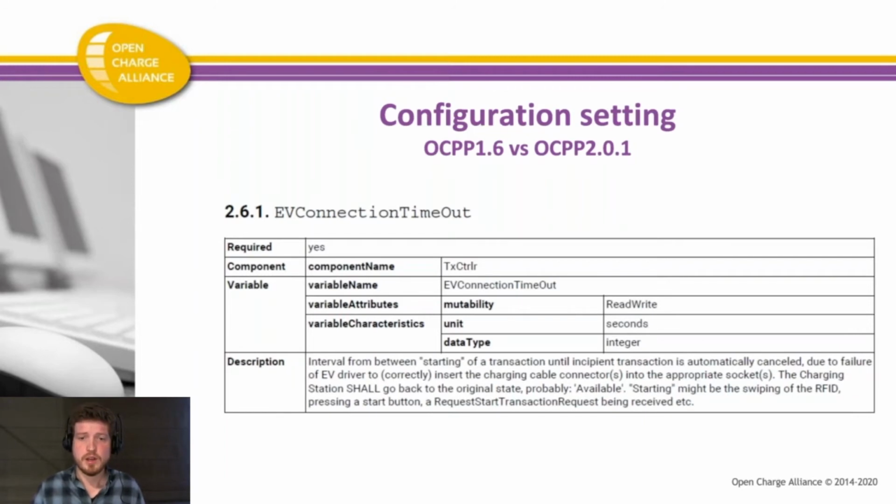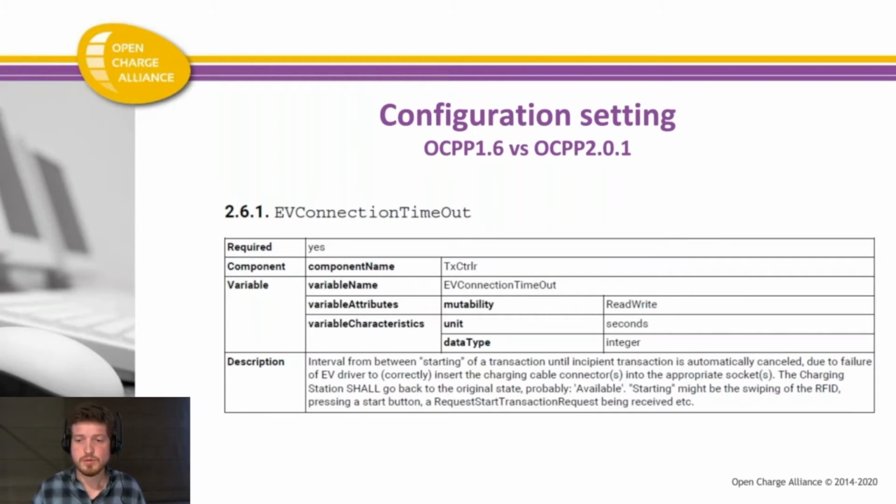This is the configuration variable, which is equal to the configuration key I've shown in previous slides, the EV connection timeout. It is linked to the component Tx controller. This is the controller responsible for harboring all transaction-related configuration settings.